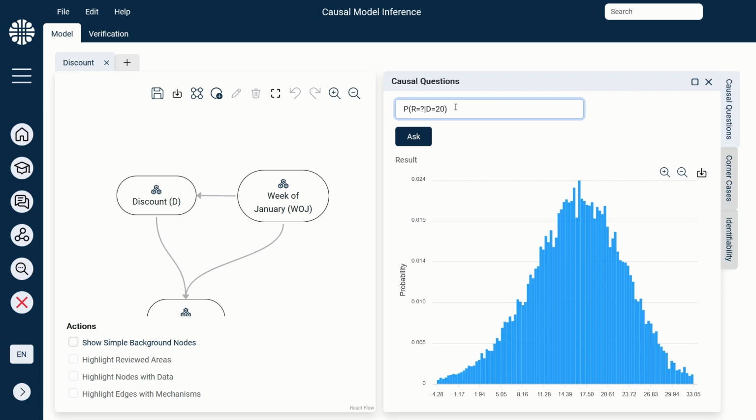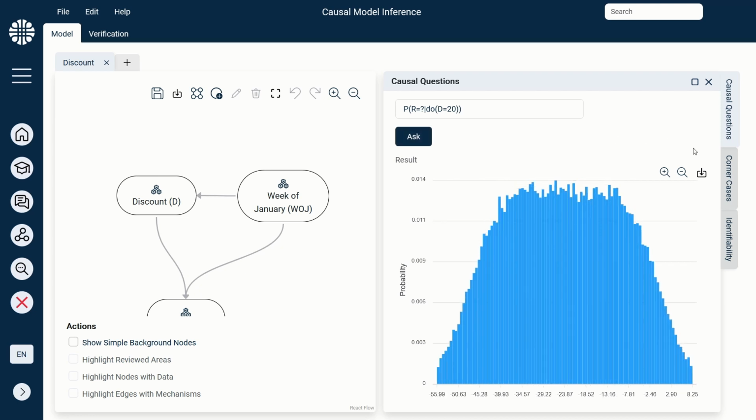Viewers familiar with causality might point out that we only calculated the associative probability and not the interventional one. But the good news is that Whyond is also capable of handling that. On the right side of the bar, we now type do left parentheses d equals 20 right parentheses.